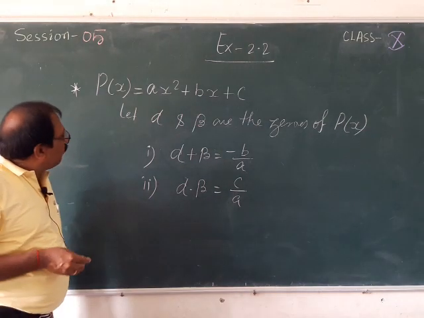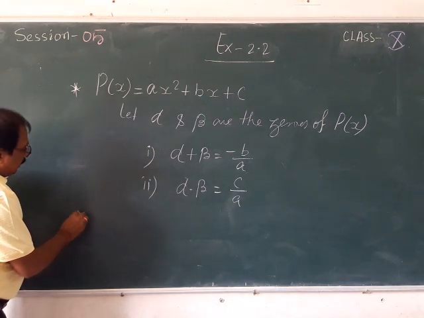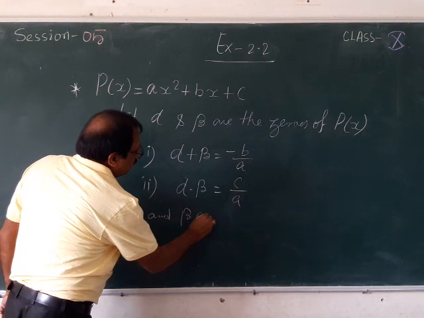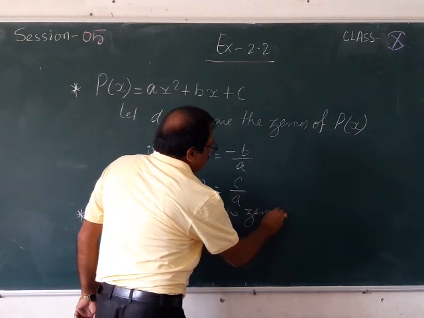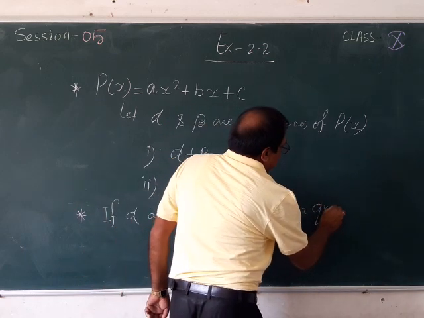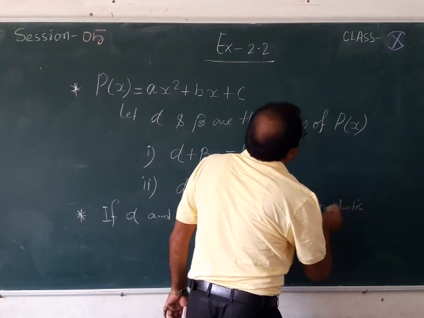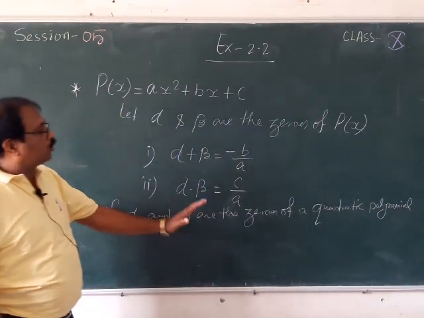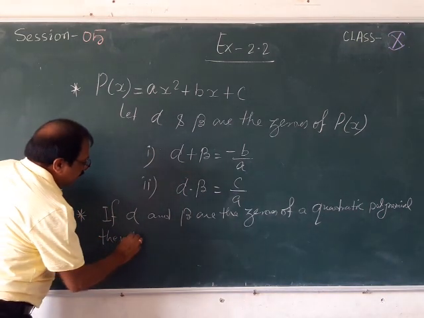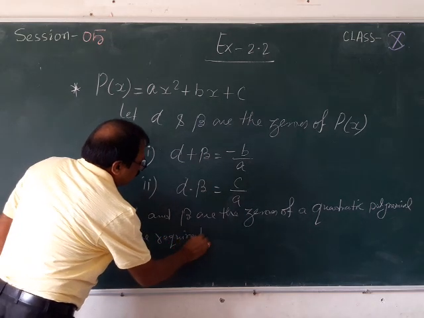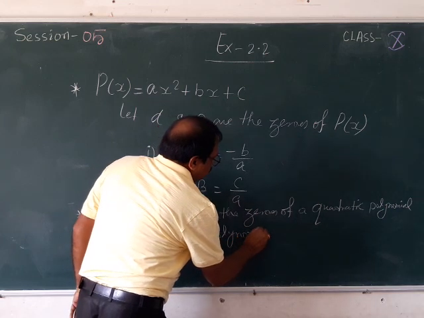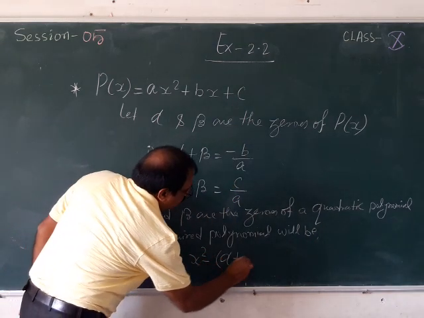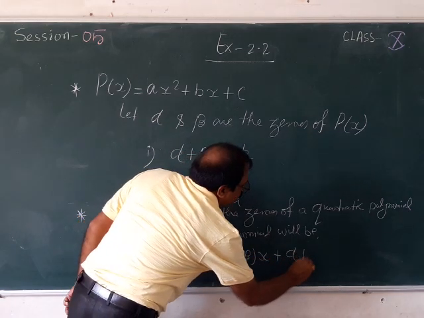Now sometimes alpha and beta are known. If alpha and beta are the zeros of a quadratic polynomial, then the required polynomial will be x square minus alpha plus beta into x plus alpha into beta.